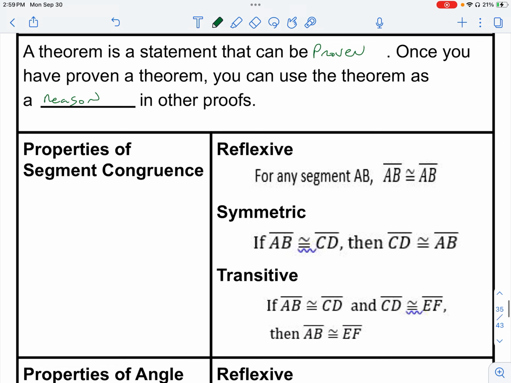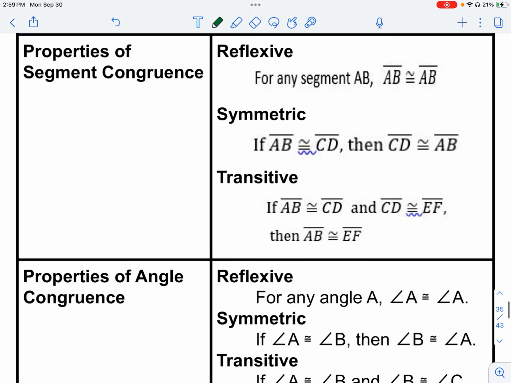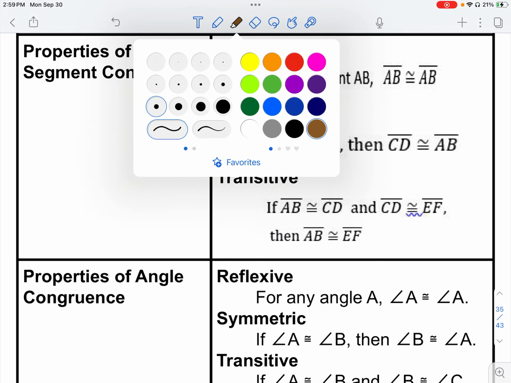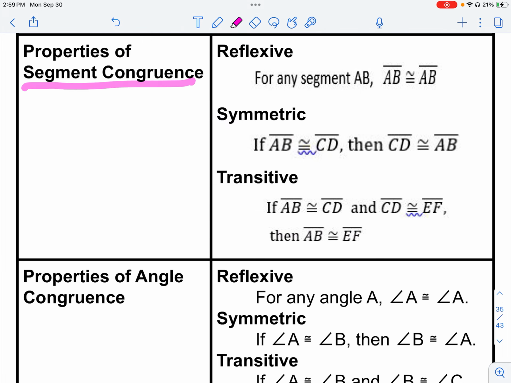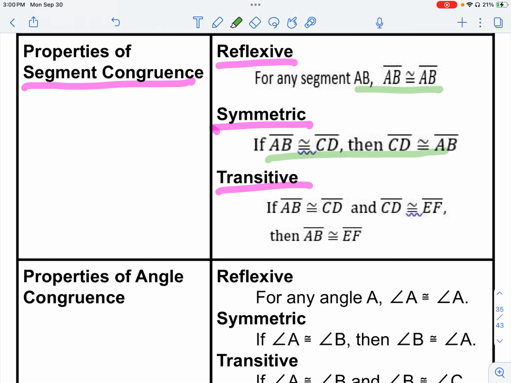So let's look. Oh, what do we have here? Properties of segment congruence. Reflexive, symmetric, transitive. Well, those are properties of equality as well. Oh, and look, they work exactly the same way.